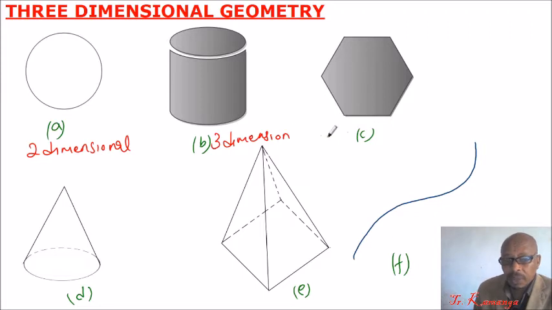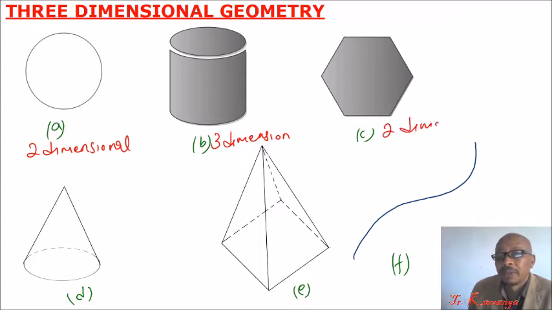This is a hexagon. It's a polygon. We can find the area, and therefore it is two-dimensional.